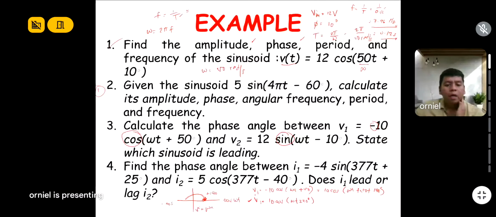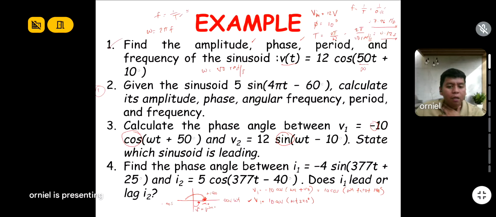Another, let's convert V2. V2 is from positive sine to positive cosine. Basically, sine is at the bottom, so we go up there. Meaning, if the rotation is clockwise it is minus 90 there. Did you understand? It's counterclockwise, that's why negative 90.